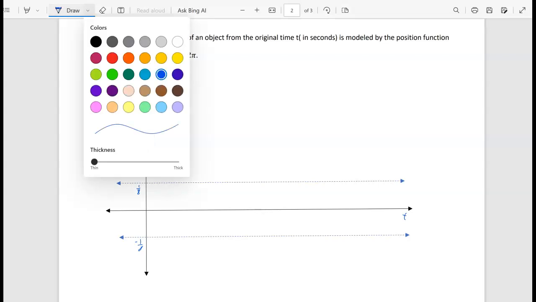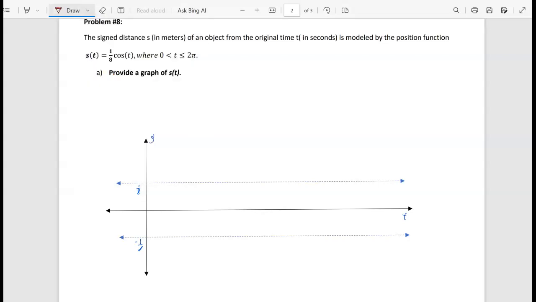In terms of the coordinate points that we're providing, our domain is not including the value of 0, but it's going all the way to 2 pi. So let me say that this is 2 pi, then this would be pi, this pi over 2, and then 3 pi over 2.